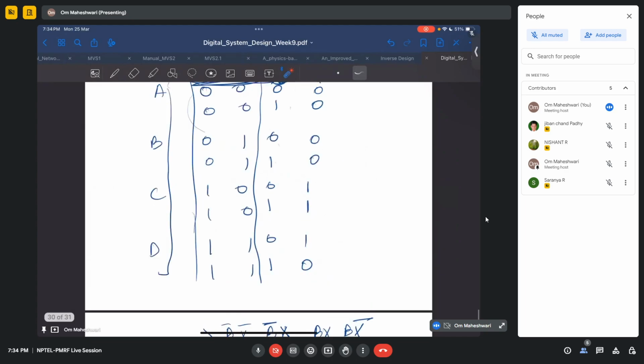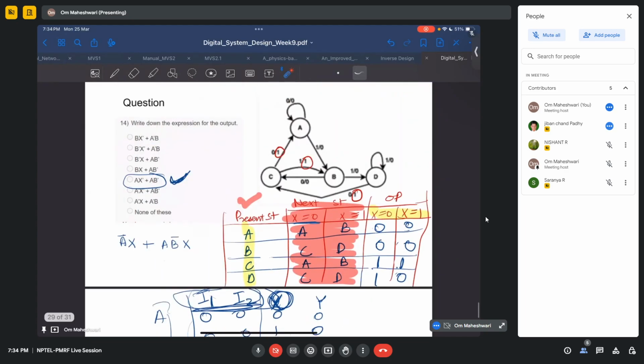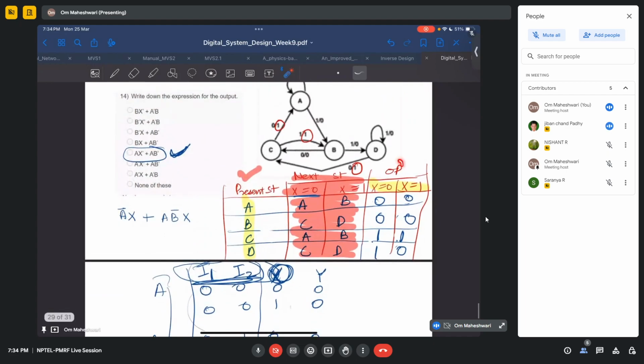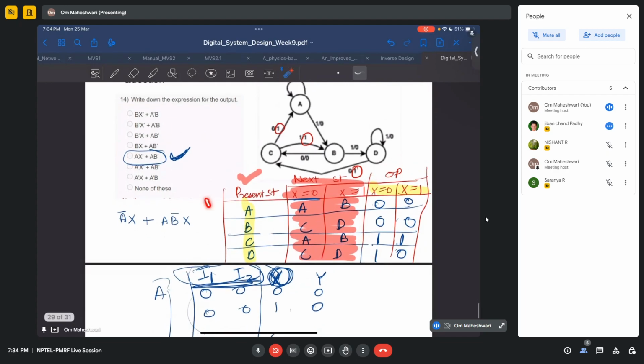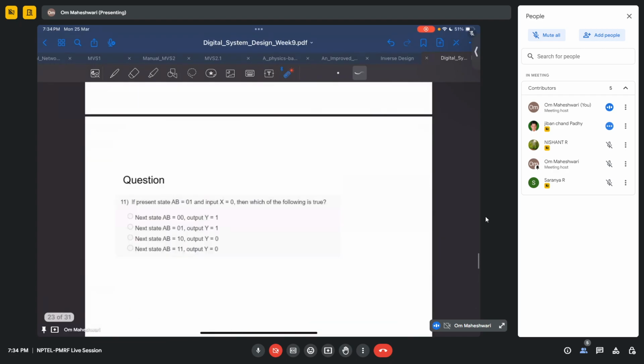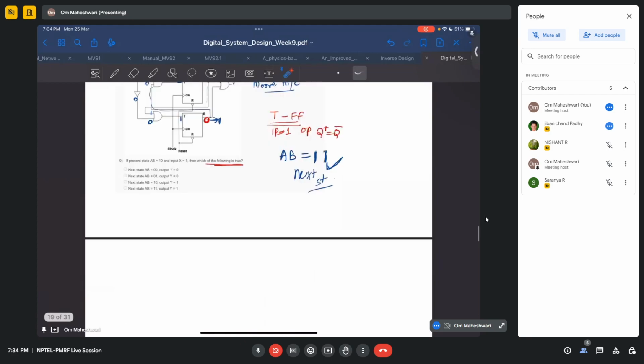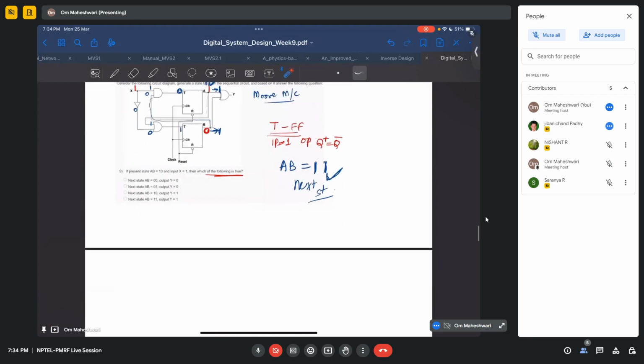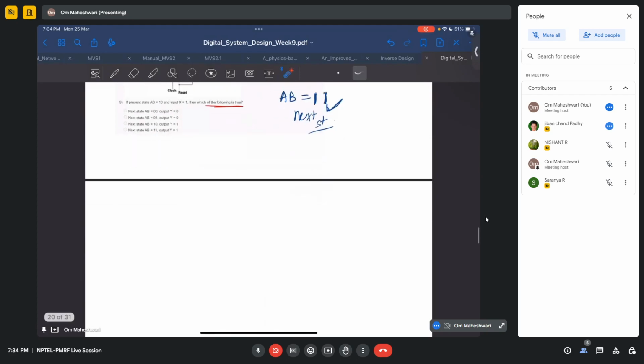So now, Jiban, you have already answered your own question, right? While writing output, we are only looking at the present state. So if we make a similar table for this question, let us try to make the table, so it will become more clear. So let us make the table.